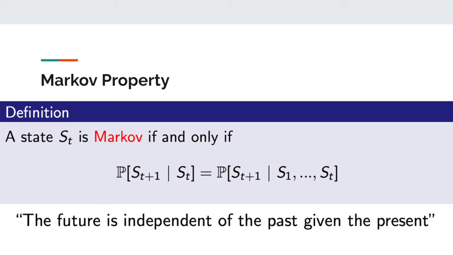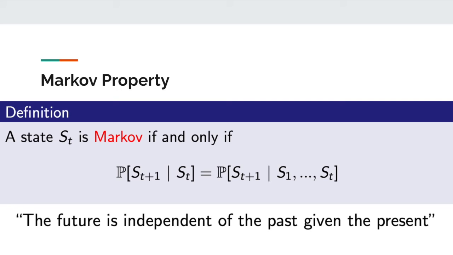So in at least the basic reinforcement learning problems, the state or the observation that we get from the environment has to satisfy this thing that we call the Markov property. And the Markov property basically says that given the current state, we can ignore all the previous states.